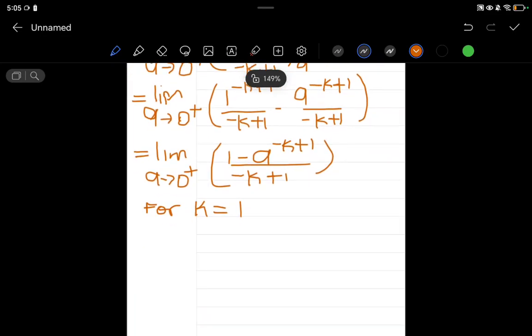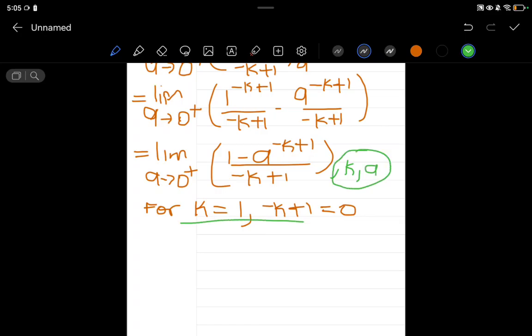For k equals to 1, I must check what minus k plus 1 will be. This one will be equal to 0. We agree? Now don't forget, I forgot to say this: we must check how many variables we are presented with. We are presented with k and A. First I start by checking k, after I check A. So A is approaching 0 from the positive.